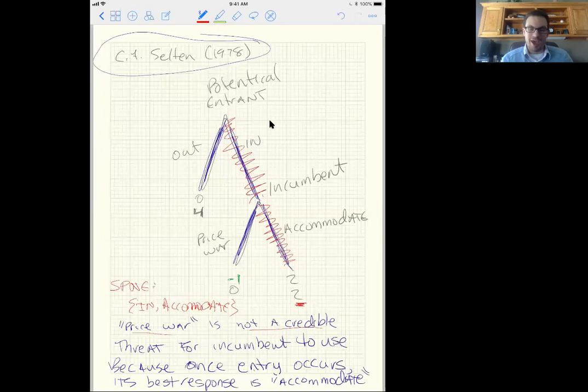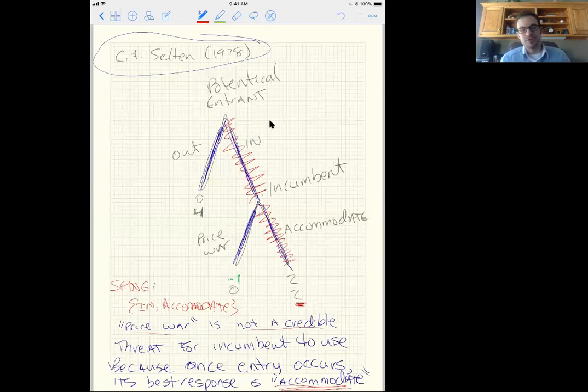If the entrant has entered the market, no longer is it in the incumbent firm's best interest to fight entry. It's not a credible threat for the incumbent, because once entry occurs, its best response is actually accommodate.